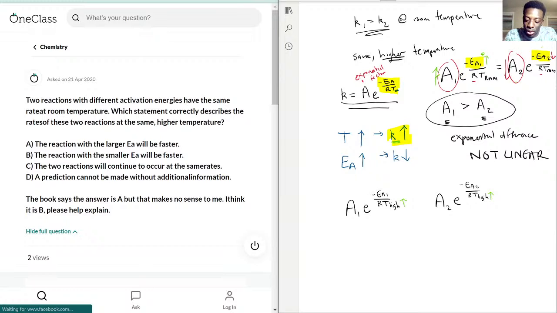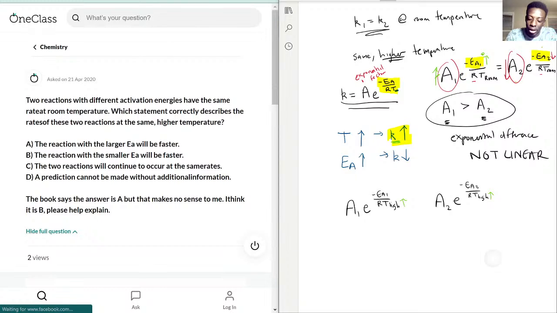So this number here will be greatly affected by the change in temperature than this number. Because if the second activation energy was already small to begin with, it doesn't really get affected that much by a larger denominator.